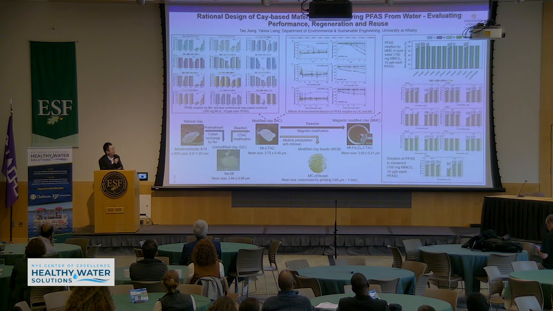And also, when tested against the powdered activated carbon, our MMC showed superior or comparable sorption performance in the natural stormwater. It further demonstrates that MMC can be practically applied in natural water systems.